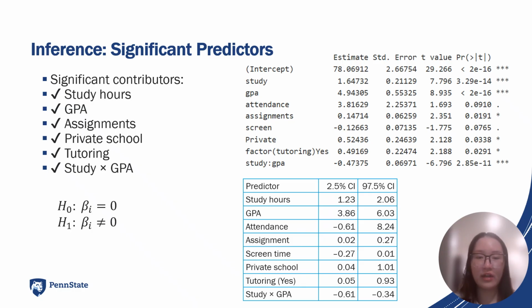By checking the p-value for each estimated coefficient, attendance and screen time have p-values higher than 0.05, so we fail to reject the null hypothesis. The confidence interval also proves this: their CIs include 0, so it suggests the relationship is not statistically significant after adjusting for all the other predictors.